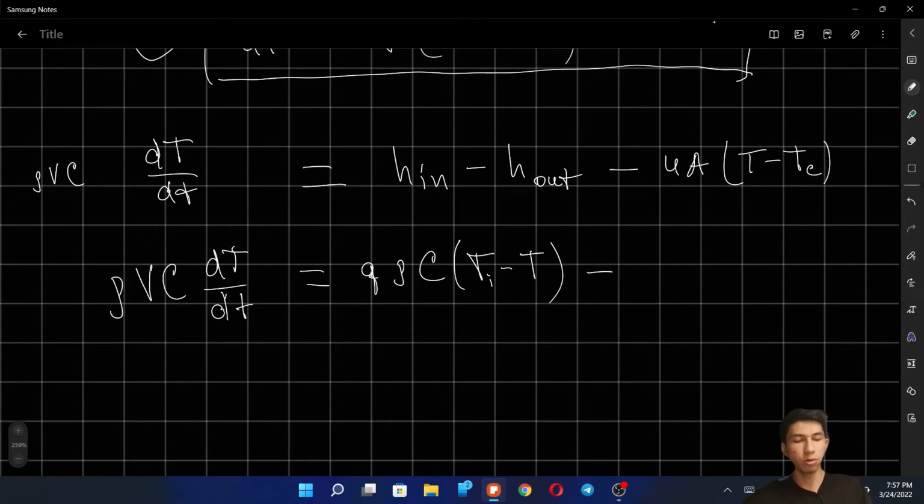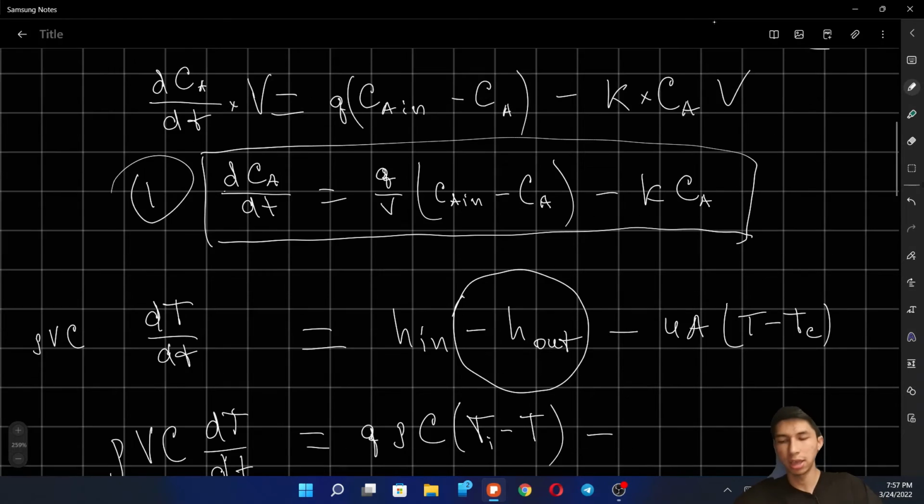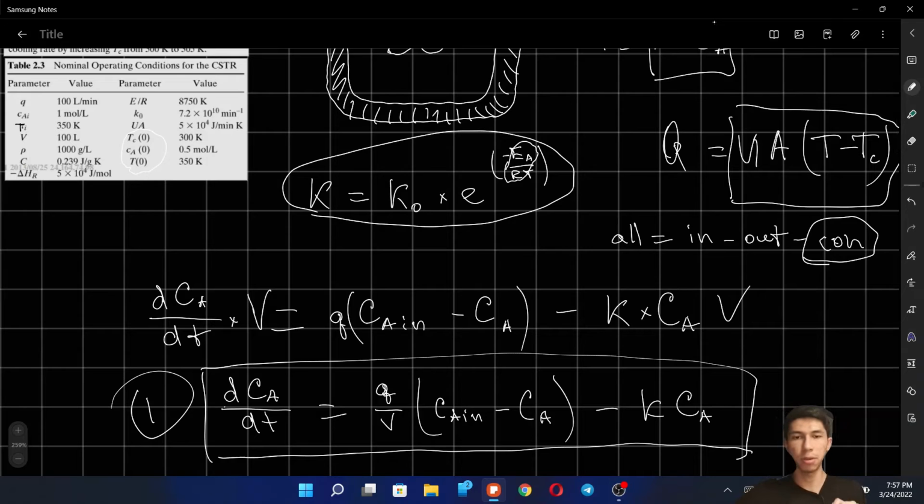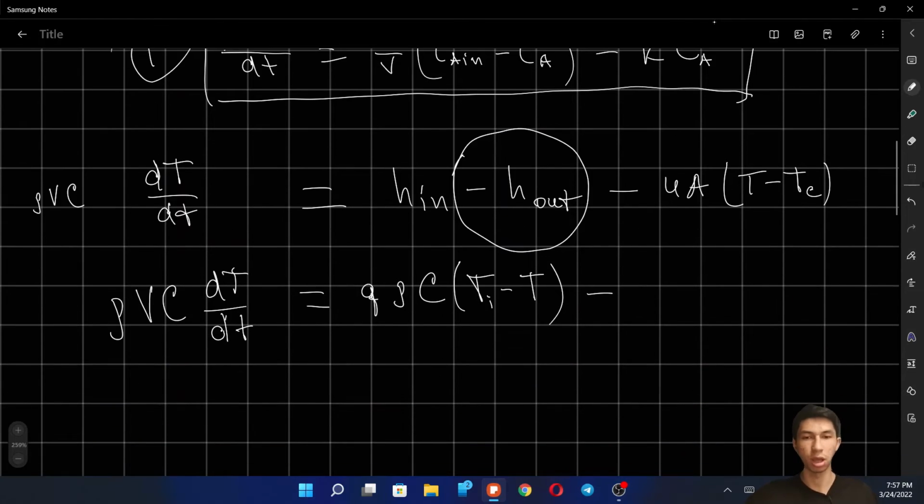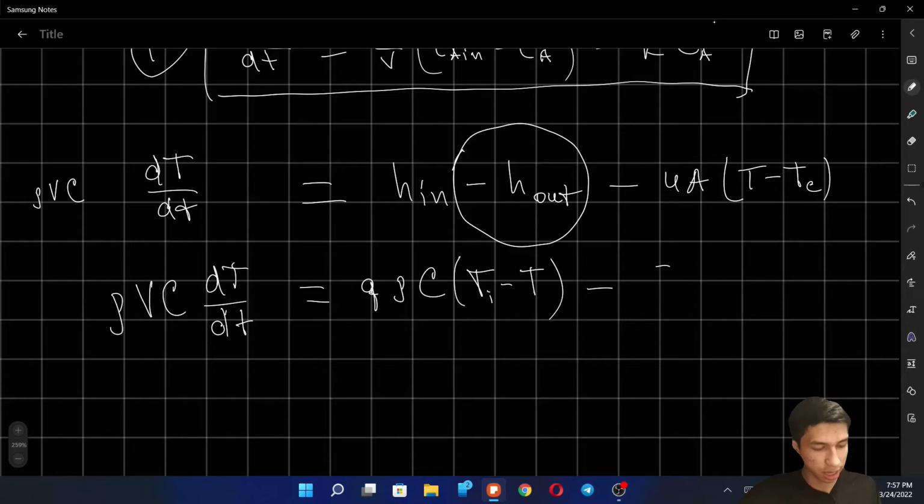And for this thing that's going out of the reactor, as we have our reaction from A to B, and we're also given the enthalpy of reaction, right? We're given the negative delta HR, so the enthalpy of the reaction. So we can write this down as negative delta HR.